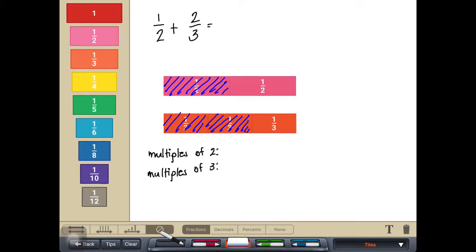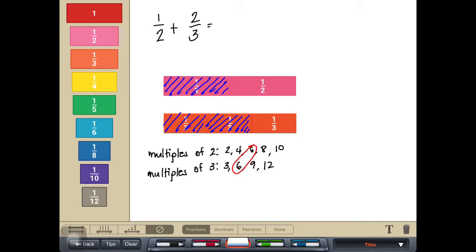Then I will just skip count 2, 4, 6, 8, 10. Here 3, 6, 9, 12. I just have to make sure that I can find a number that's the same. Okay, so in this case, I have 6 here that appeared first. So I would have to change both halves and thirds into sixths.